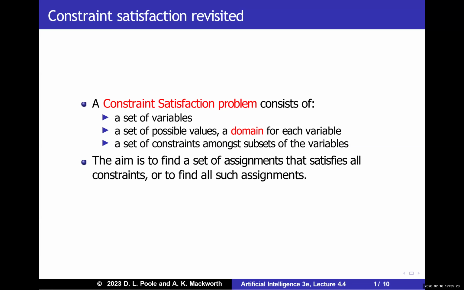So a constraint satisfaction problem, again, consists of variables, domains for each variable, and constraints that restrict combinations of values. A total assignment assigns a value to every variable. A solution is a total assignment that satisfies all constraints.